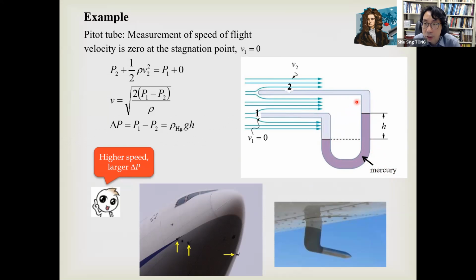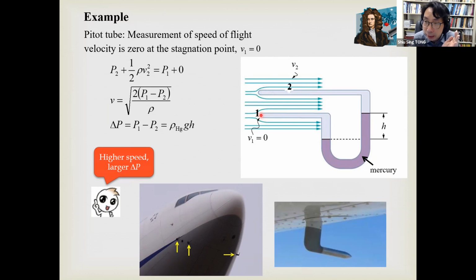But what causes the difference in pressure? You can see the two sides of the U-tube are exposed to air in a different way. For the first tube, the opening of the tube is directly facing the incoming air.